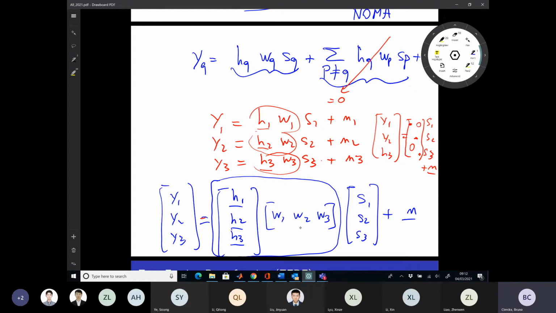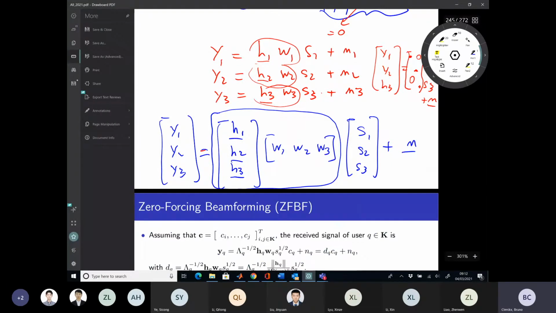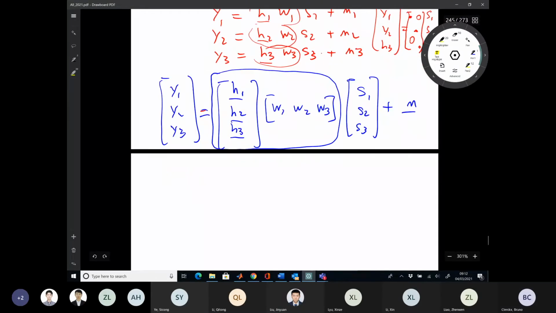So I have to find a W such that this product is diagonal. So how can I do that? If I call this matrix H, and this I call W, or I think I call this F in the lecture notes, so let me take F.